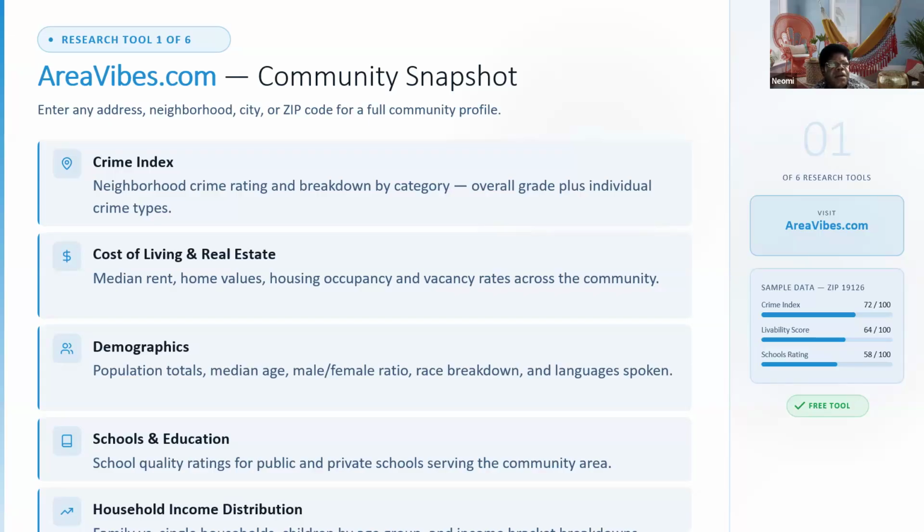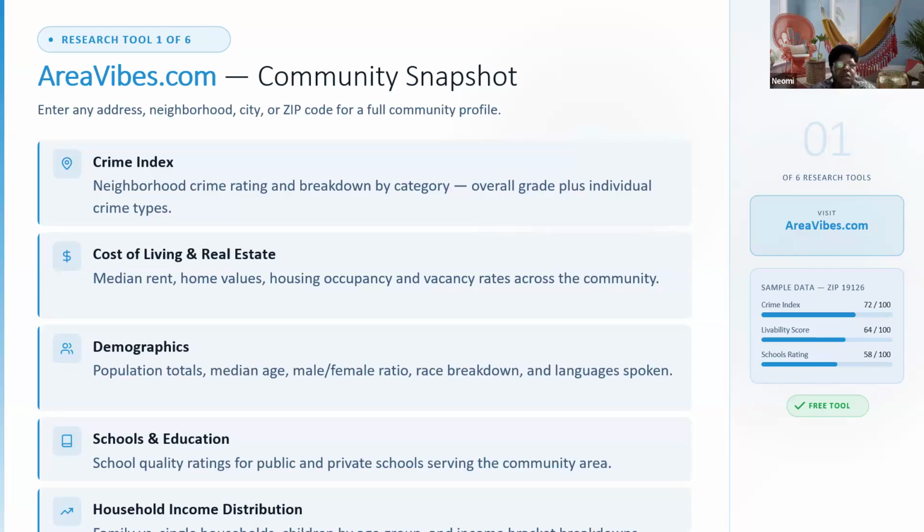Demographics: population total, median age, male/female ratio, race breakdown, and language spoken. School and education: school quality rating is the public rating for public and private schools serving the community.